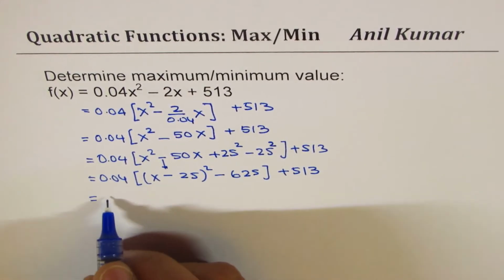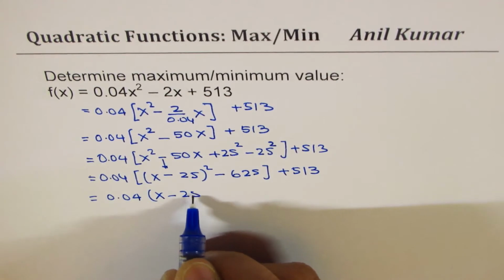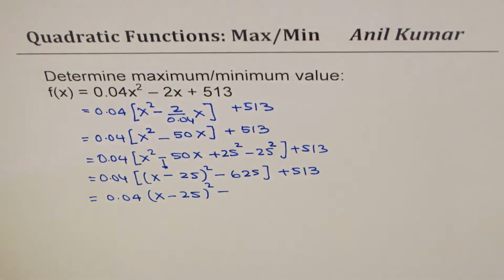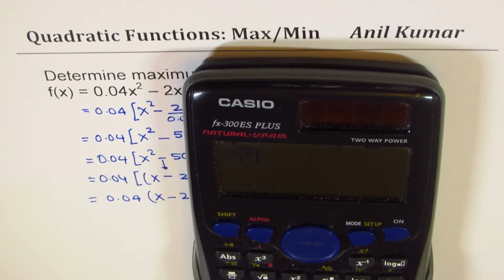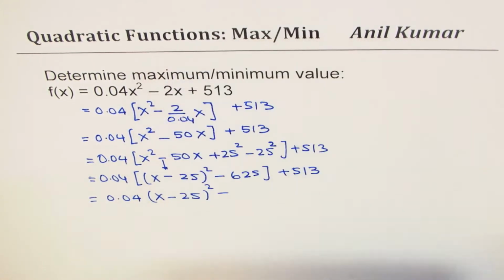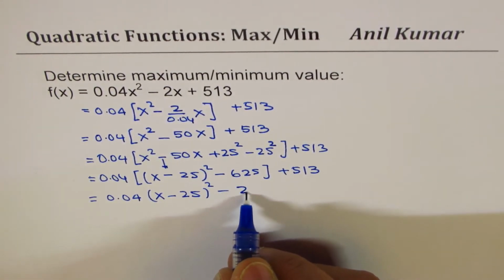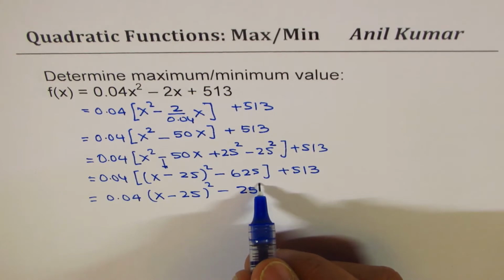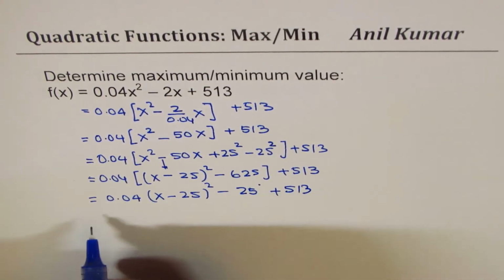Now let's open the bracket. We have 0.04 times x minus 25 whole square minus, let's calculate this value. So first let me calculate 25 square. 25 square is equal to 625, multiplied by 0.04 is equal to 25. So we get minus 25 here plus 513.